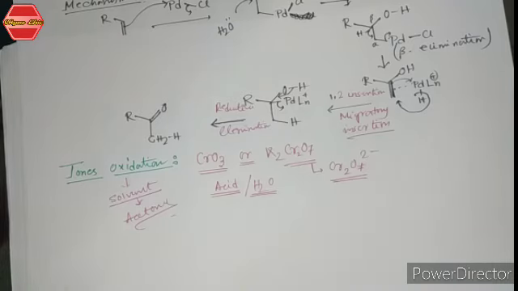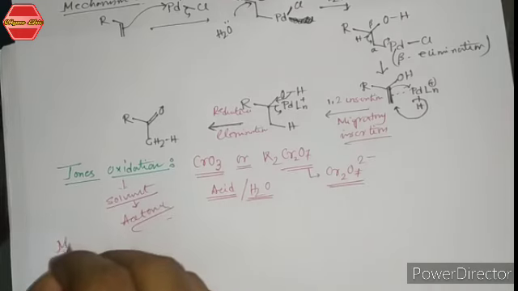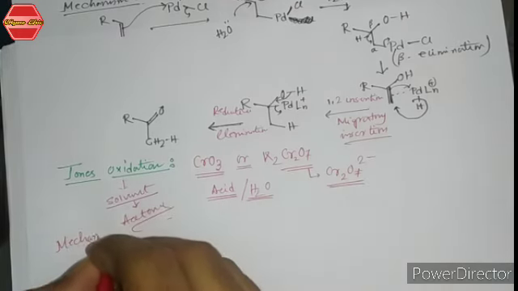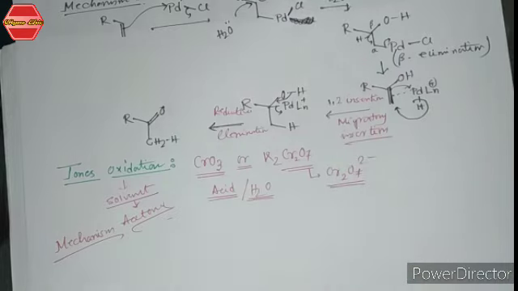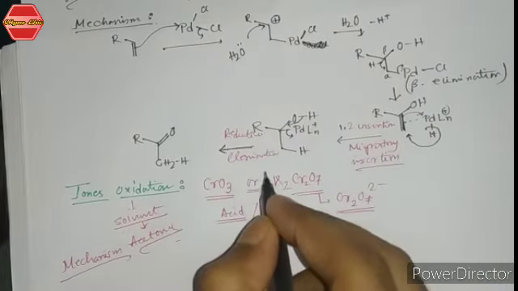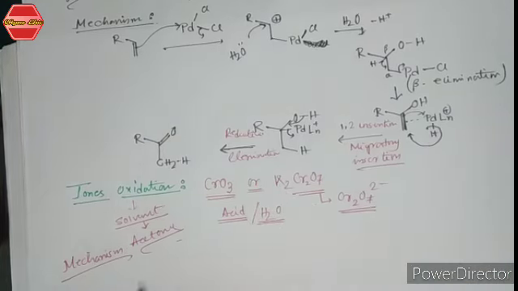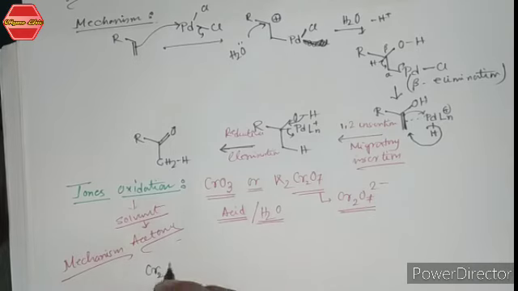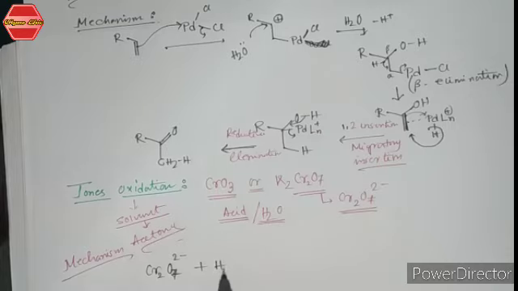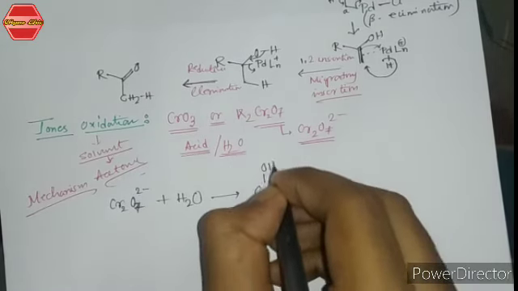Now let's have a look at the mechanism and how the reaction proceeds. This Cr2O7 2-, which I have written here, will first react with water and form this one.